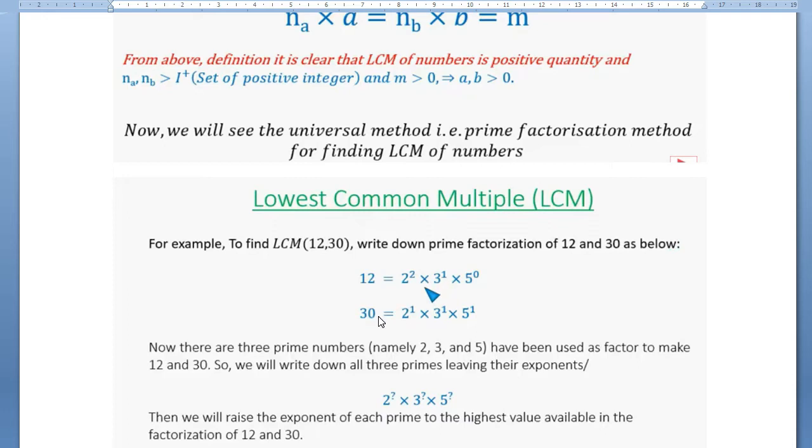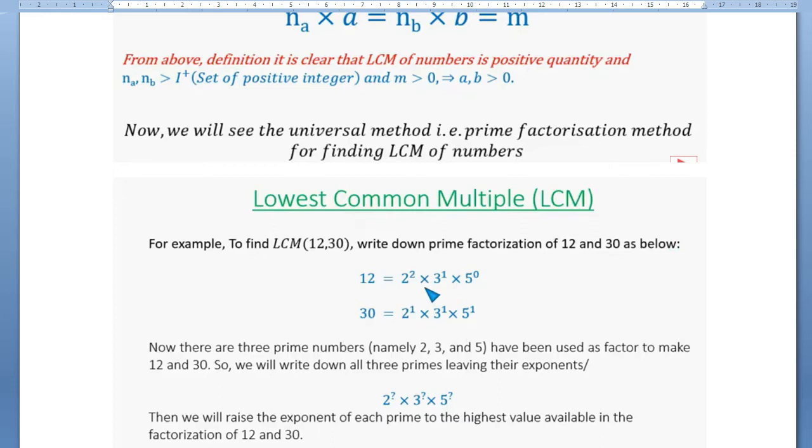Now we write down all three prime numbers, leaving their exponents. 2 is the first prime number, then 3 is the second, and then 5. And we check which one is the highest value available in the factorizations of 12 and 30. In the case of 2, the highest exponent between 2 to the 2 and 2 to the 1 is 2, then 3 is 1 and 5 is 1.